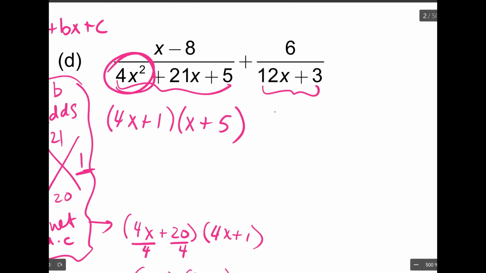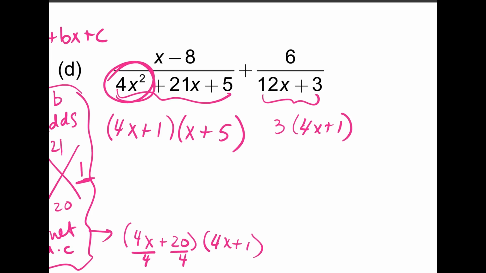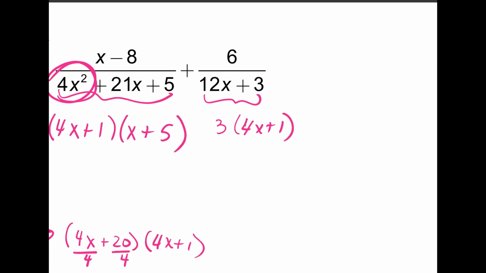So then you take out a 3 and then 4 plus 4. Okay. You multiply. Oh, okay, so on the left side, you're missing a 3, and on the right side, you're missing an x plus 5. So on the left side, you multiply by the 3 over 3.